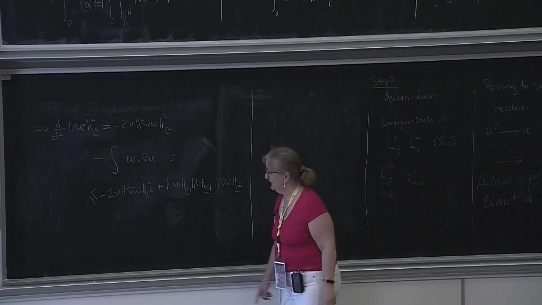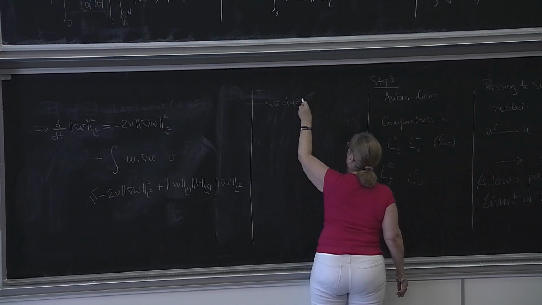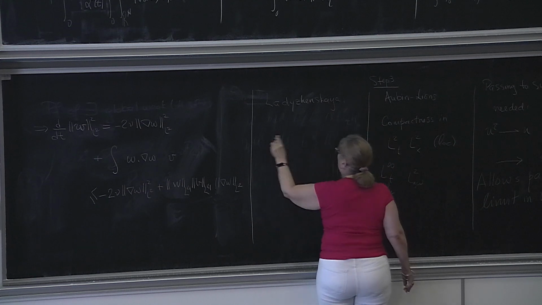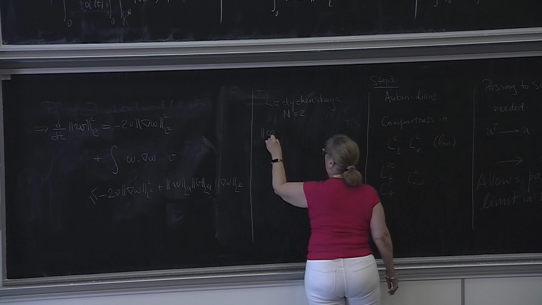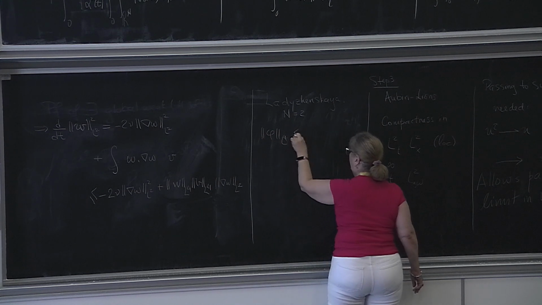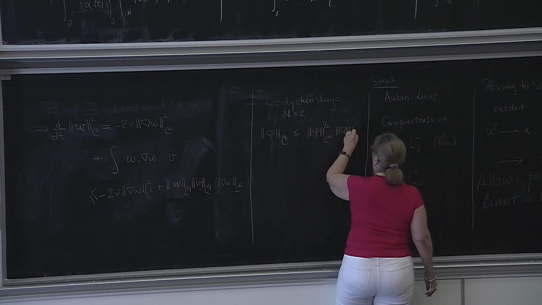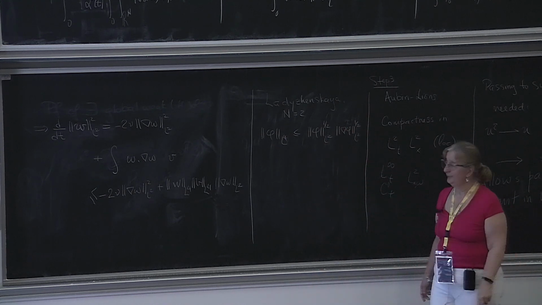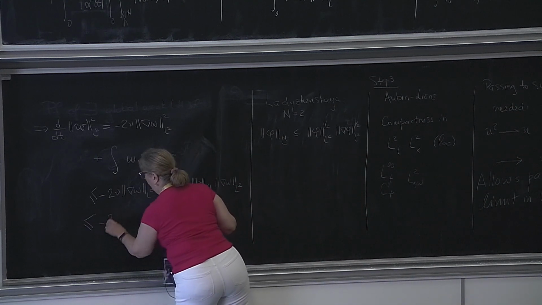Now I'm going to use Ladyzhenskaya's inequality. Remember Ladyzhenskaya in 2 dimensions. That's the crucial estimate here. So this is n equals 2. It tells me that a function can be measured in L4 by its measure in L2 to the power 1/2 and the gradient L2 to the power 1/2. Okay. Therefore, I can bound this by minus 2 nu.